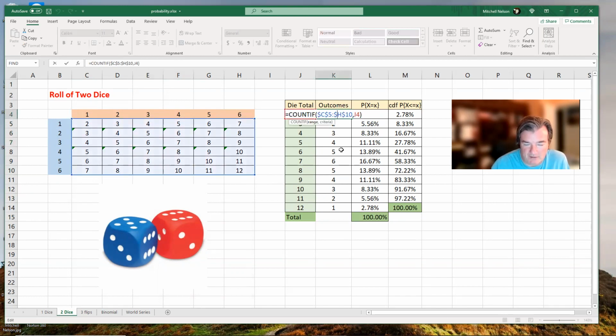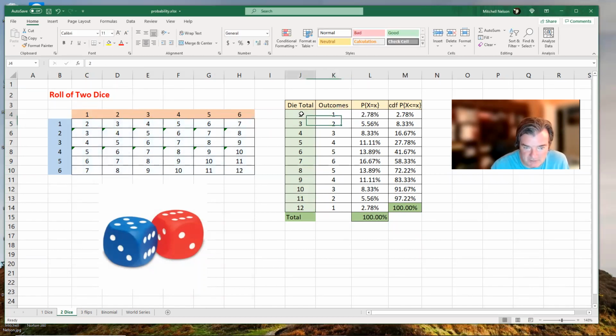So we can have a formula here, and we could use the COUNTIF formula. So we're taking these 36 boxes and we're saying count it if the value is equal to J4, which is the number 2. That's this value. So it's basically saying go through these 36 boxes and count up all the ones that have a 2 in it, which is really this.